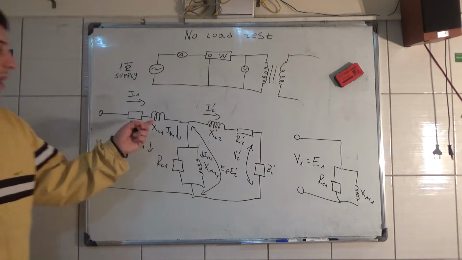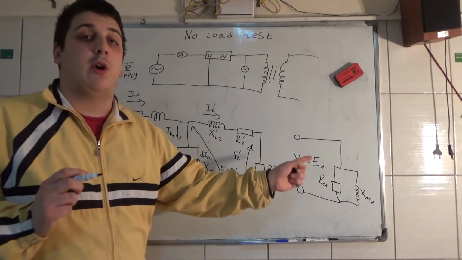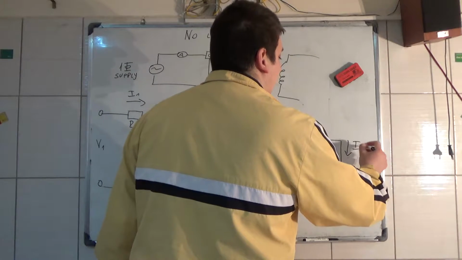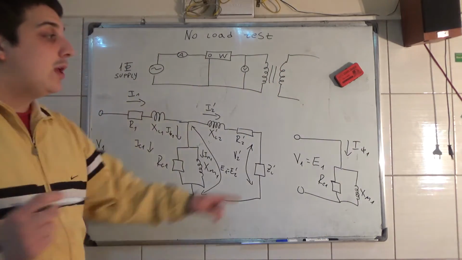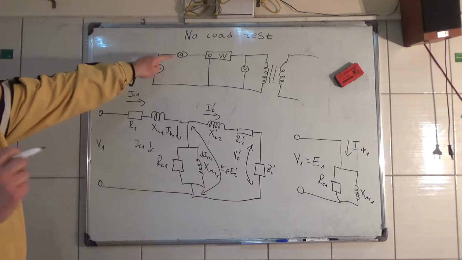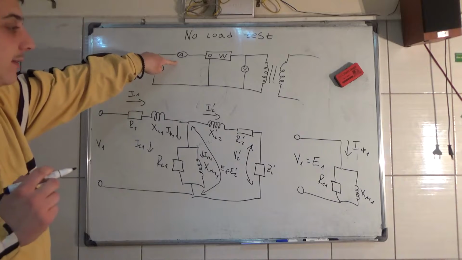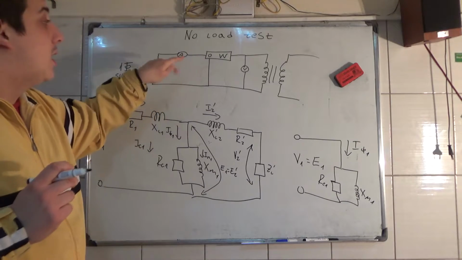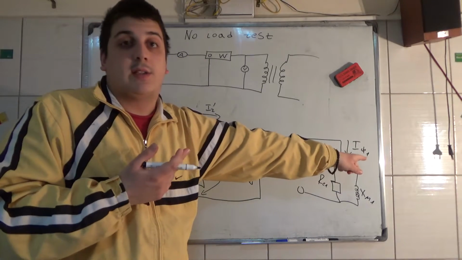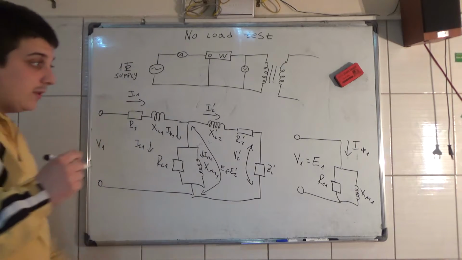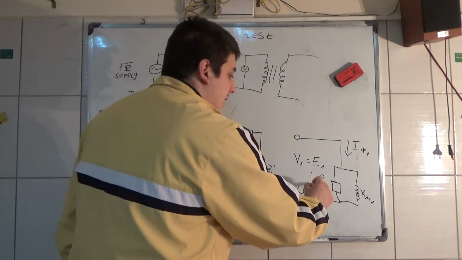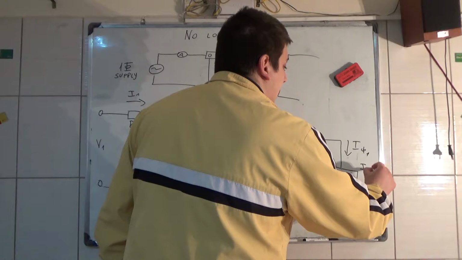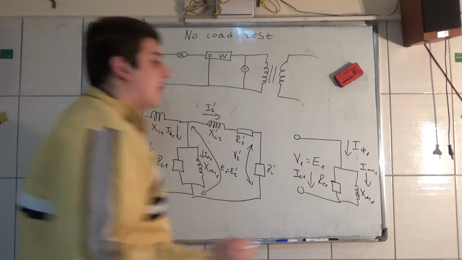Now the current in this circuit is only going to be the exciting current, so that is going to be IF1. Now we measure this with an ammeter, and from this no-load test, we can measure the exciting current. Now, in this branch we have IC1, and in this branch we have IM1.